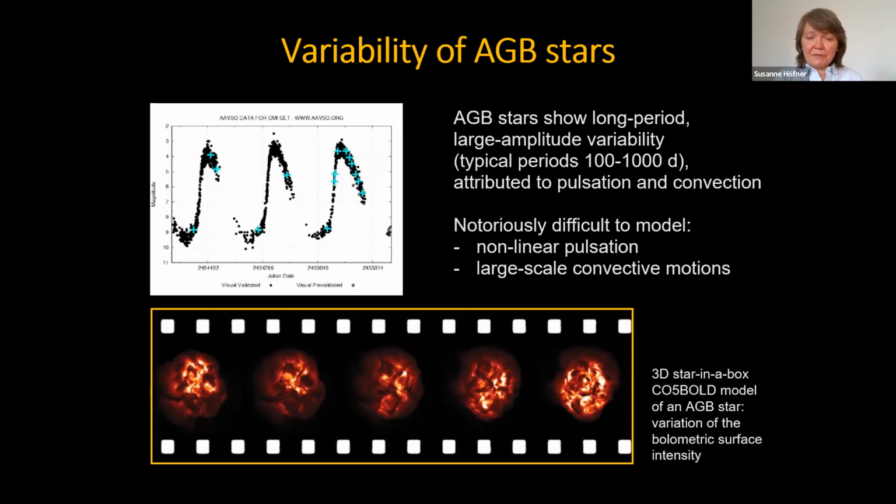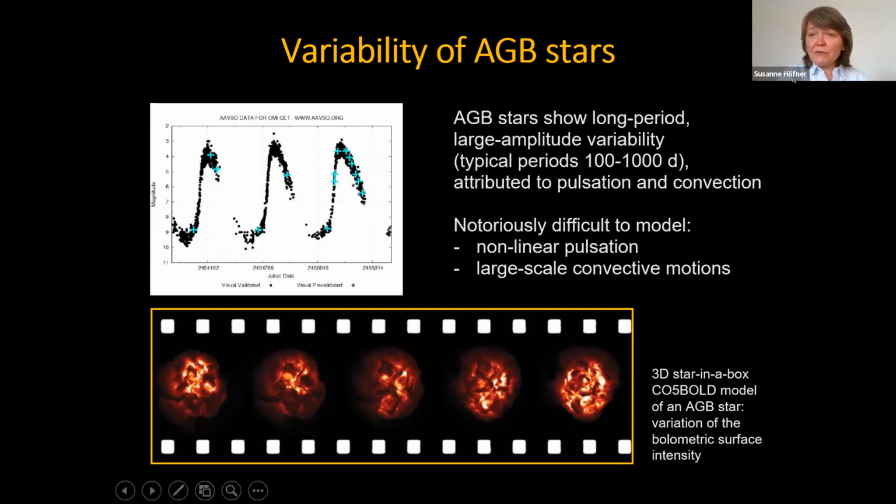And the large convective motion, so you're really talking about convection on scales of the stellar radius, basically giant convection cells, is not just an energy transport mechanism. It's really a mixture, the dynamics of large-scale pulsations and large-scale convective motions.